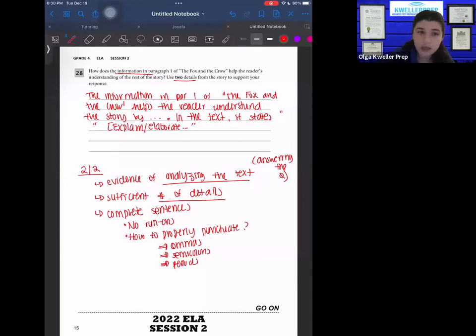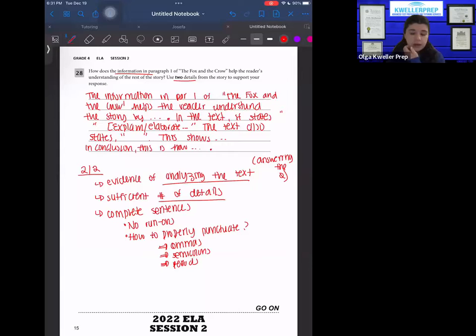And then you would say, the text also states, and then that's your second detail. And then you would elaborate on that. So this shows... And then in the end, I repeat the beginning. So this is how the first paragraph helps the reader understand. Or in conclusion, this is how.